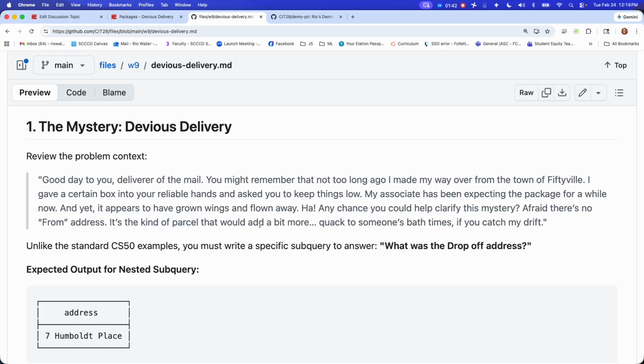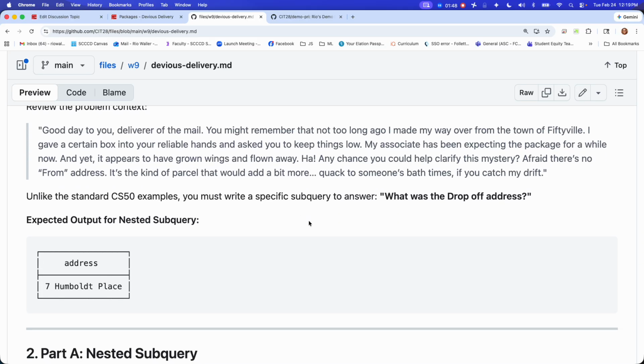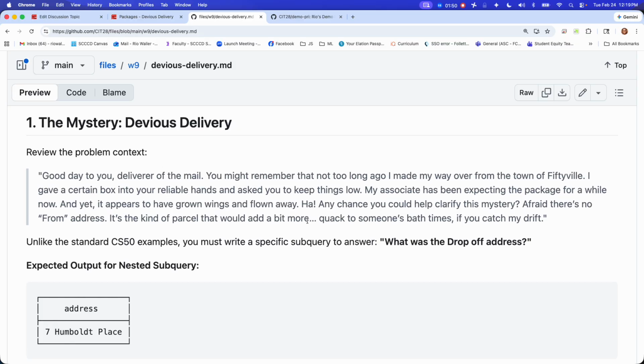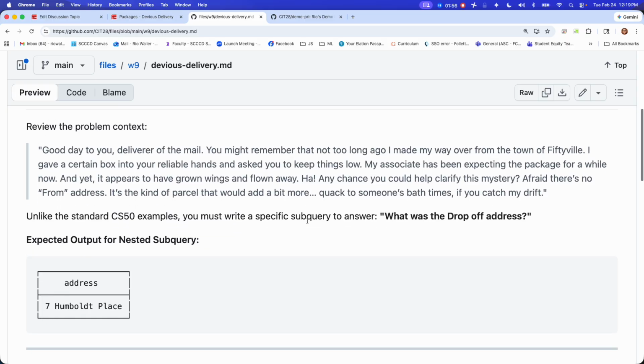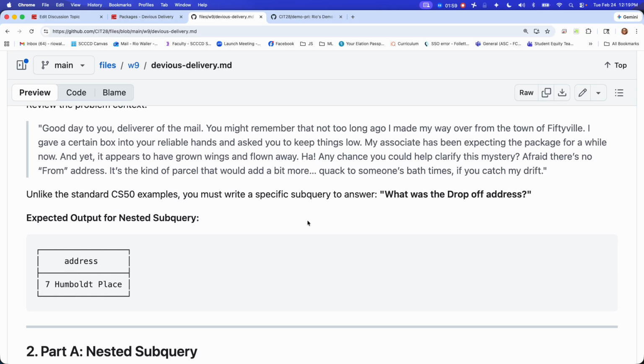It's kind of a package that's a bit more quack to someone's bath time, if you catch the drift. So in this case, you first have to understand the data, understand the problem, and start with figuring out how you would solve this. And we've given you a hint to get started.